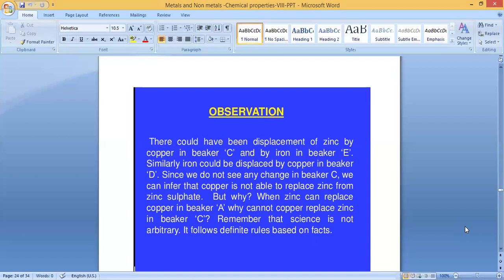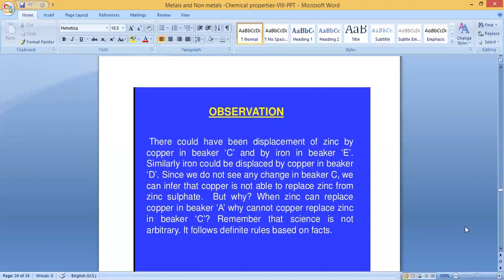It is just the opposite: zinc replaced by copper in beaker C, and by iron in beaker E. Similarly, iron could be displaced by copper in beaker D.